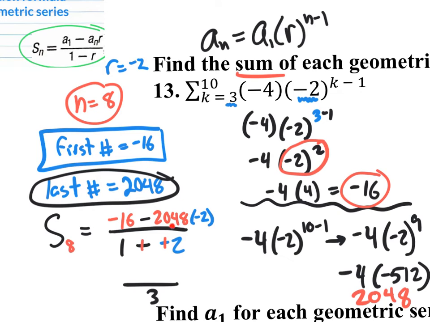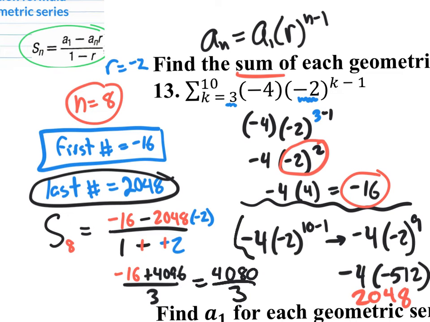Now on the numerator, let's figure this out. What's 2048, or actually let's call it a negative 2048 times a negative 2. We will get a positive 4,096. And of course we're going to bring down the minus 16 right in front of it. And when you actually do negative 16 plus 4,096, you will end up with 4,080 divided by 3.